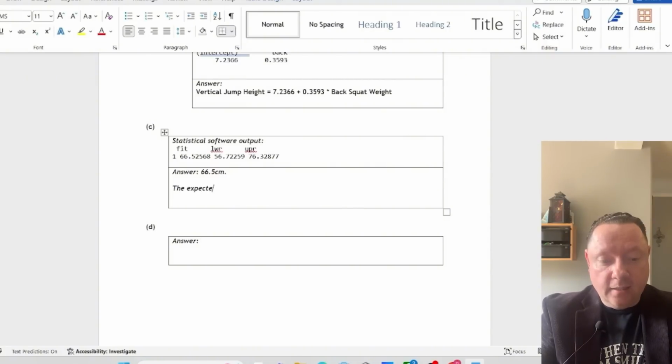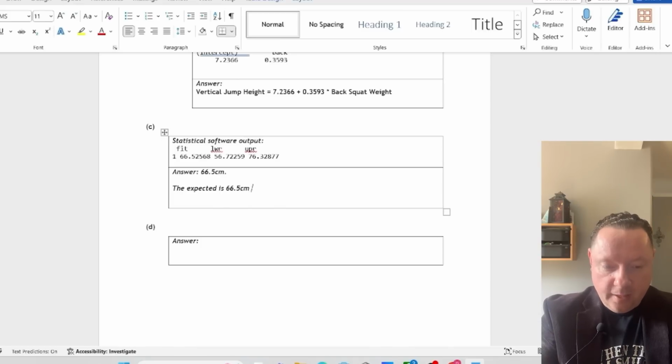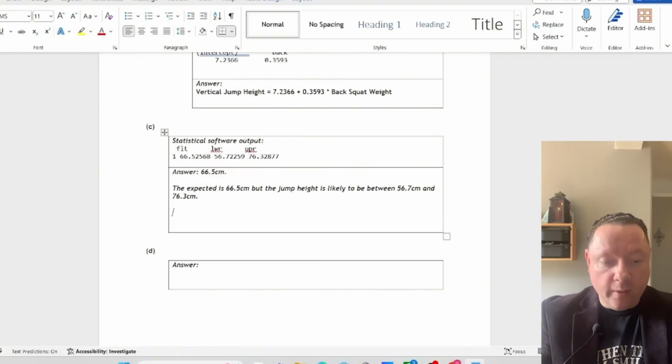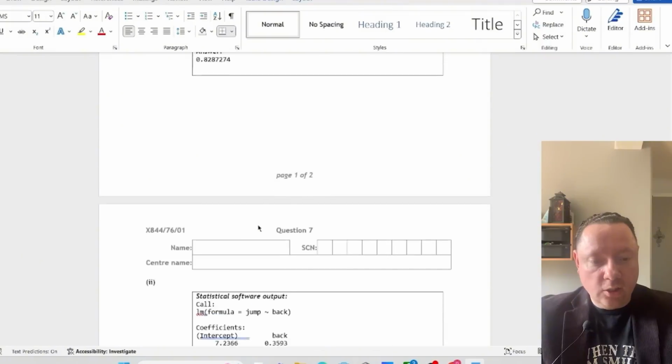The expected or fitted value is 66.5 centimetres, but the jump height is likely to be between the lower, which is 56.7 centimetres, and the upper, 76.3 centimetres. The other way you could answer this, and I'll not write this in, is you could use the correlation coefficient.